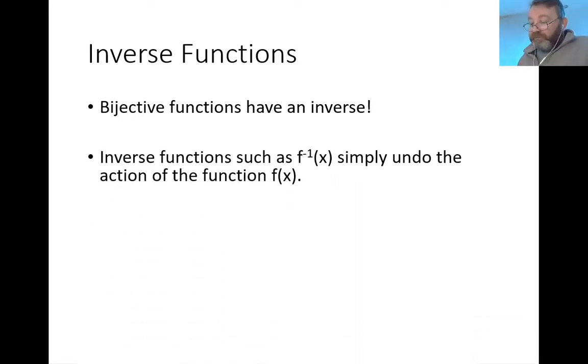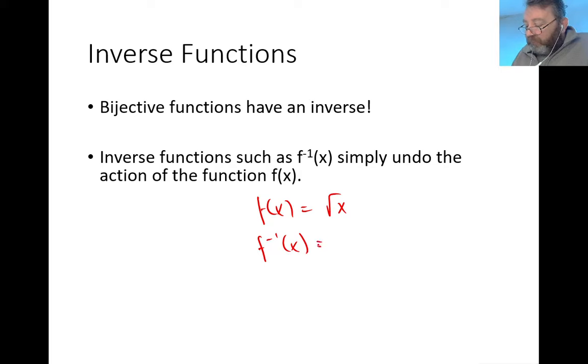Inverse functions, such as f minus 1 of x, simply undo the action of the function f of x. What does that mean? Okay, here's a function. F of x equals the square root of x. Now, what function would undo the square root? And the answer is the square. Okay, so therefore we could say the following.